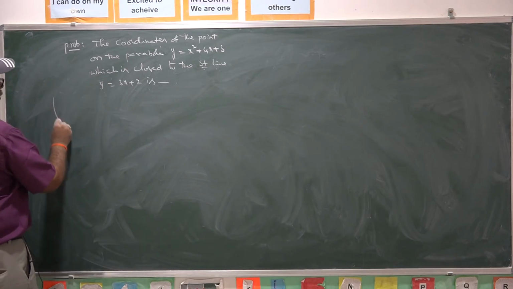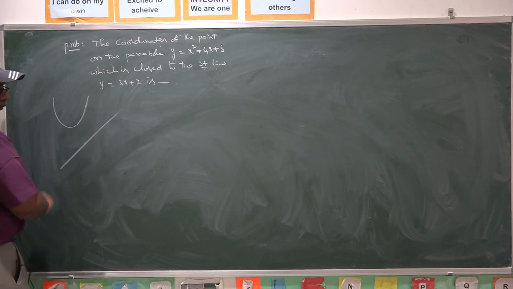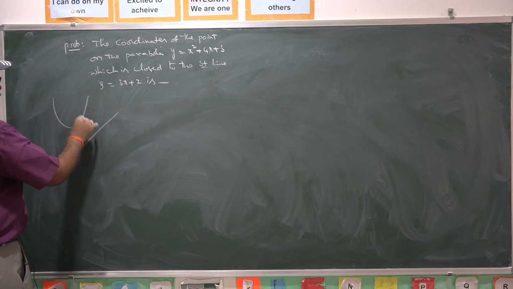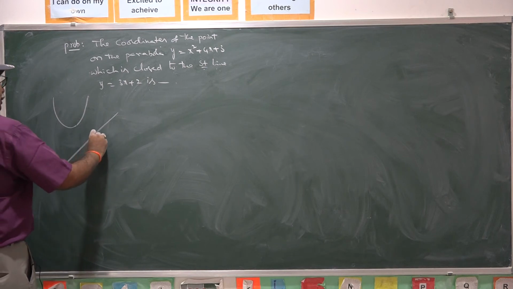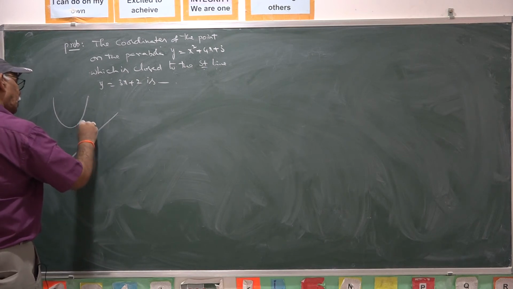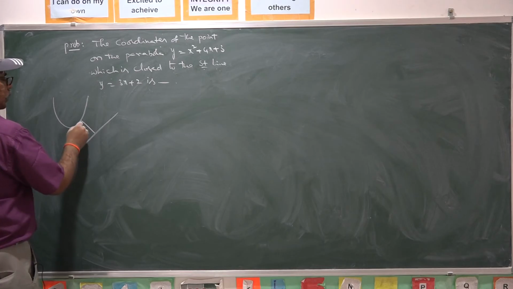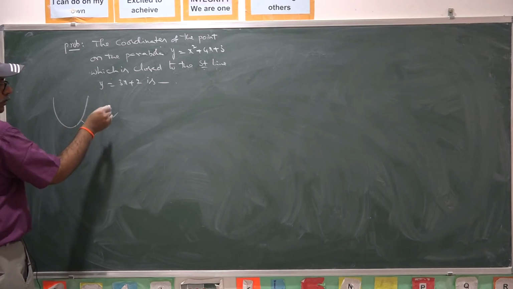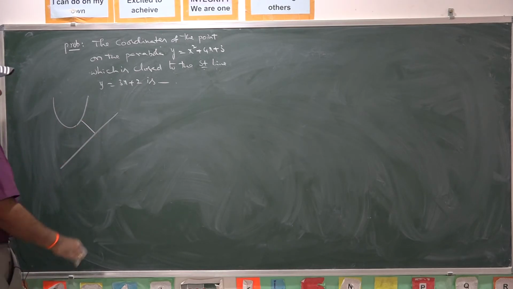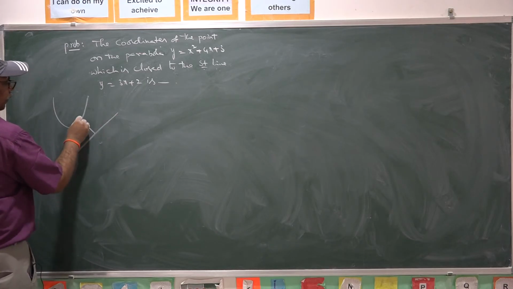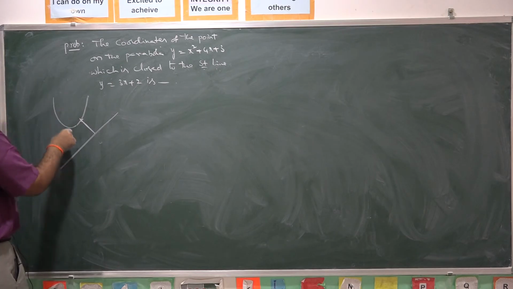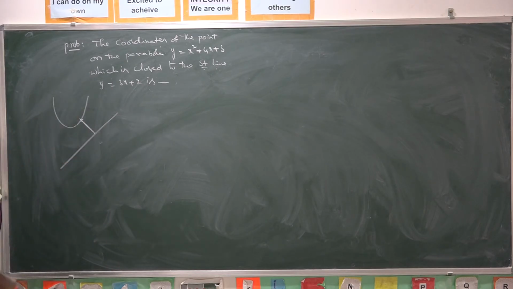So let us consider a parabola and a straight line here. The point which is closer to this straight line is found on a common normal to the parabola as well as the straight line. Common normal to the straight line means the perpendicular to the straight line, and it is also a normal to the parabola.